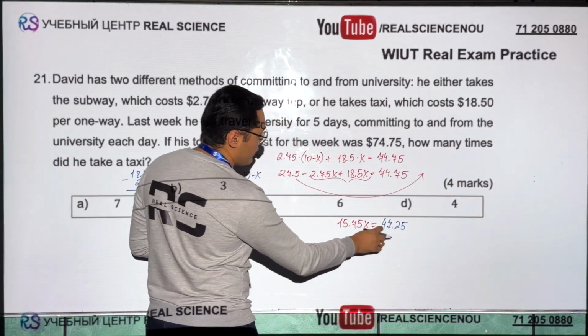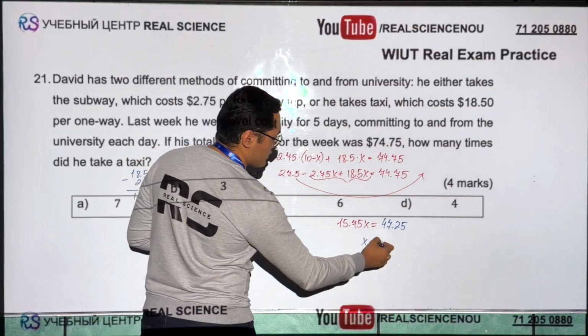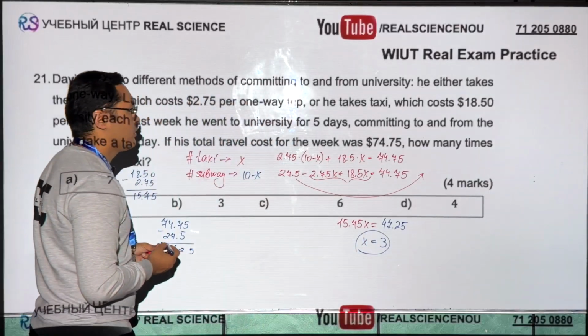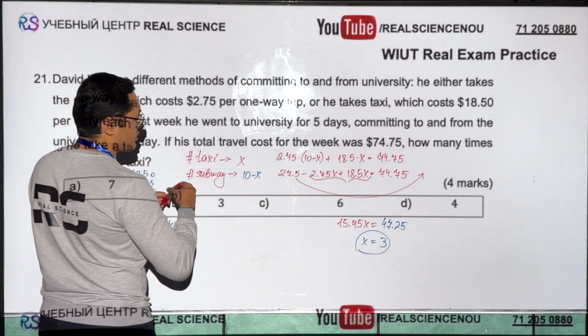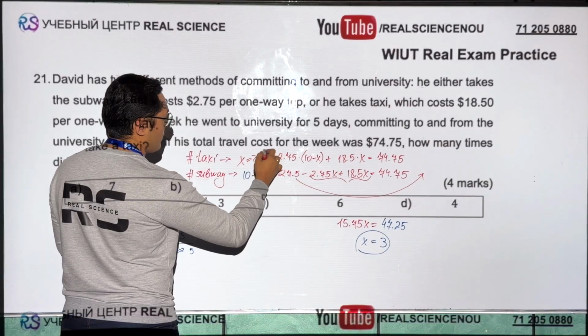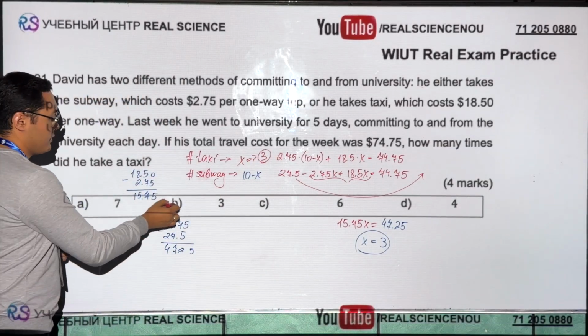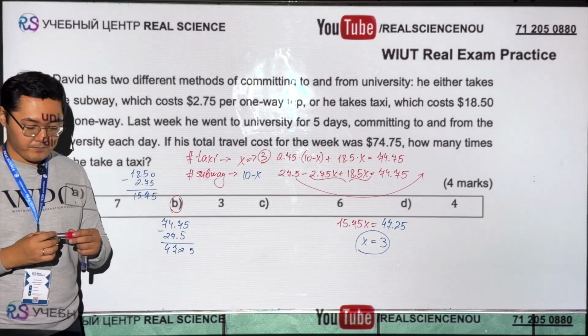Then x is equal to, if we divide this, 3 if I'm not mistaken. So how many times did he take a taxi? The number of taxis is equal to 3. The answer is therefore B.